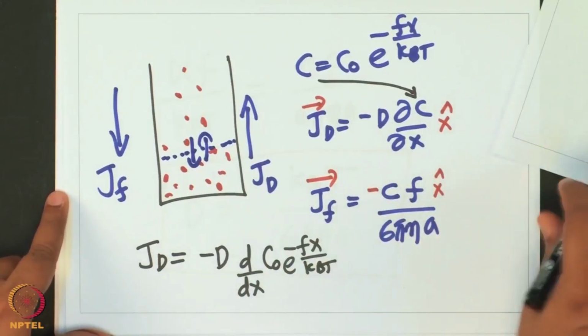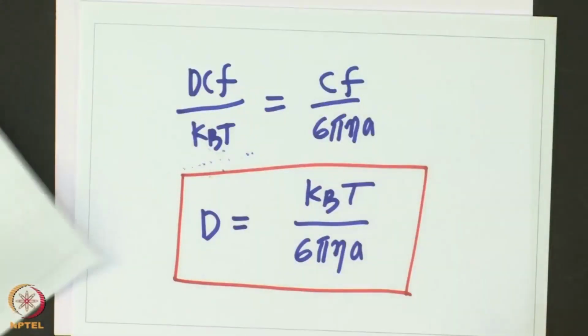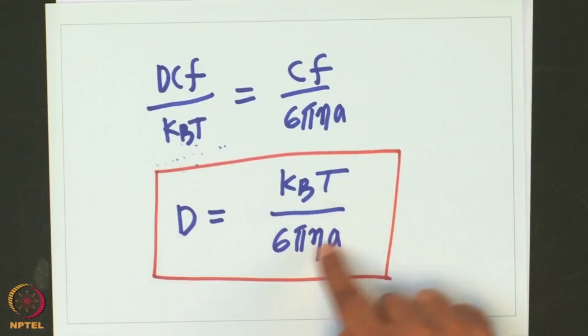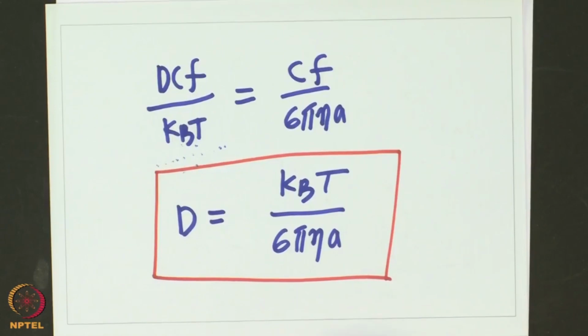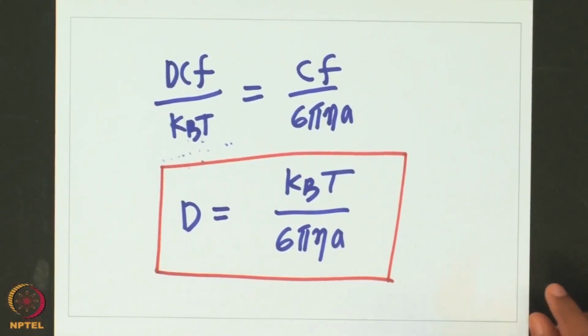At equilibrium you get a relation, the famous Einstein relation, which says that D is equal to kBT over 6 pi eta A. So this is the important relation. Now let us understand this.